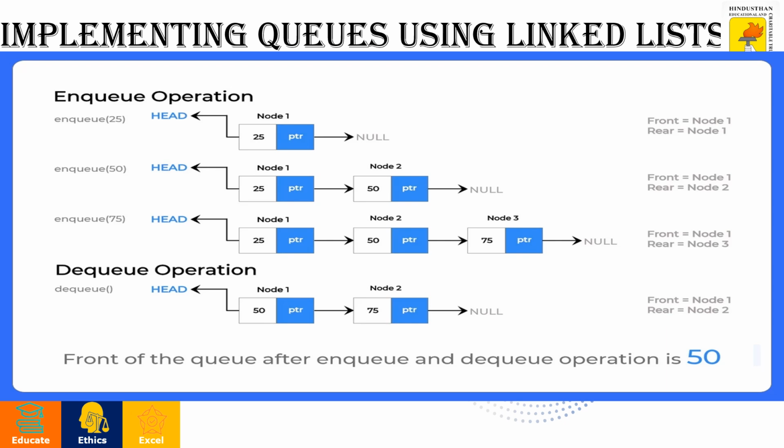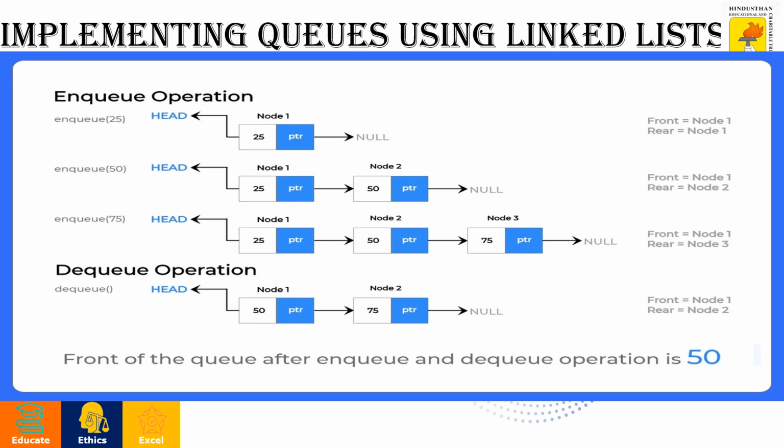The rear pointer is moved by one position and it is pointing to 75. So whenever new data is to be inserted into the queue, a node will be created, data will be inserted into the node, and this node will be linked to the last node of the existing queue, and the rear pointer will be moved by one position.